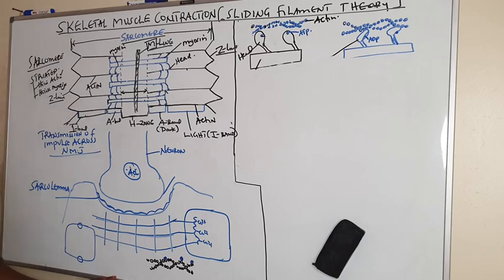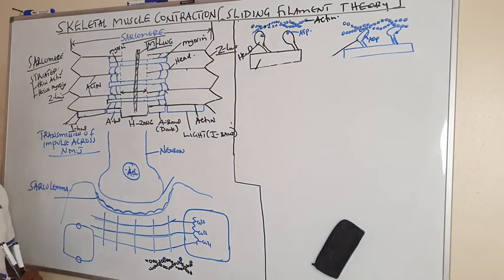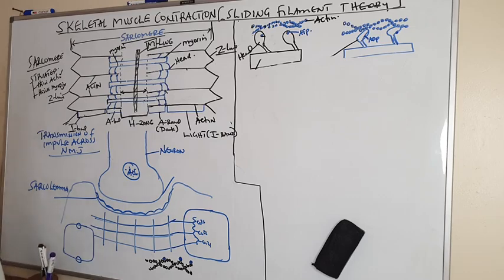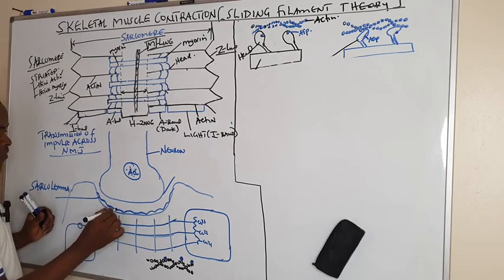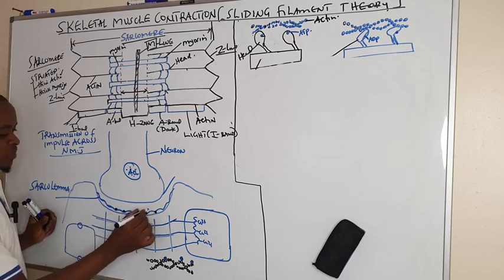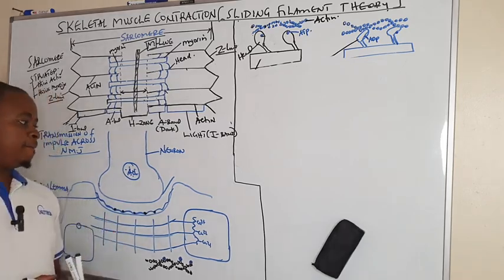So the neurotransmitter is acetylcholine at the neuromuscular junction. And the receptors of acetylcholine at the sarcolemma, we are going to call them acetylcholine receptors. So when it is released, we are going to see how it binds.